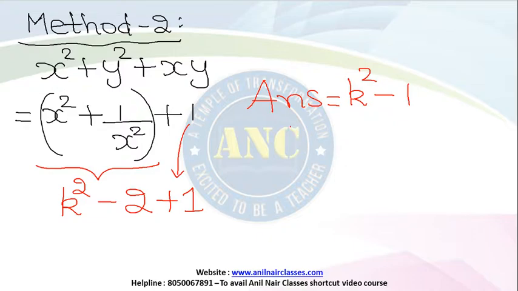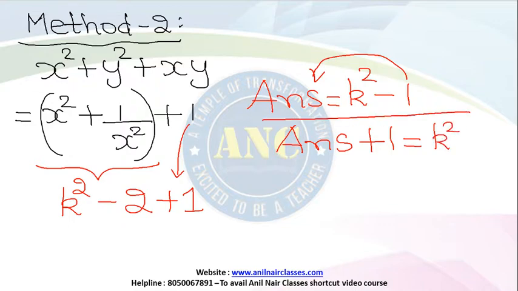Or in simple language, shift this minus 1 to the left hand side. Take the answer options, add 1 to them, and when you add 1, it should give you a perfect square, of the form k square. That means answer options when added with 1 should become a perfect square. Check out which option is satisfying that.